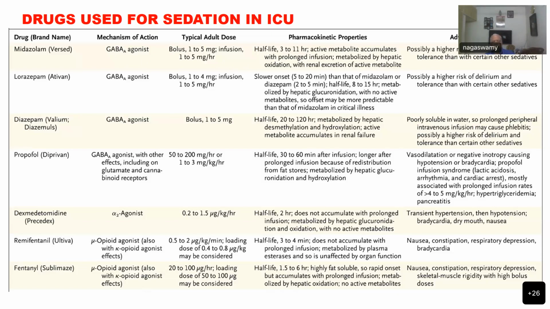The idea of treating any ICU patient is to take them off the ventilator and make them breathe on their own and get back their normal consciousness and sensorium as early as possible, so that they will feel more natural and normal, and the recovery will be much faster.